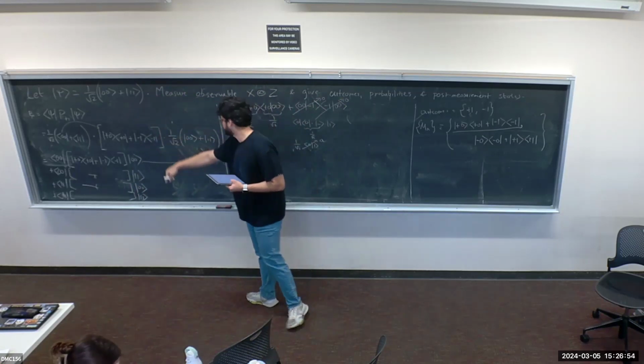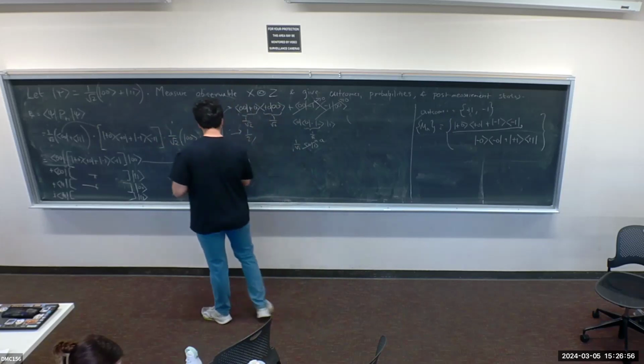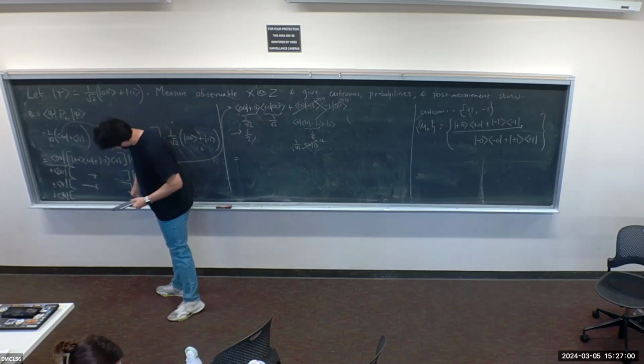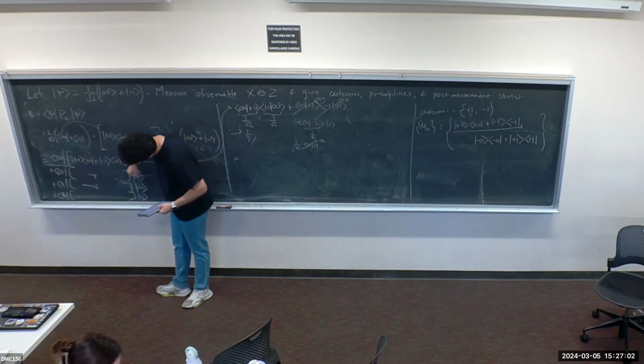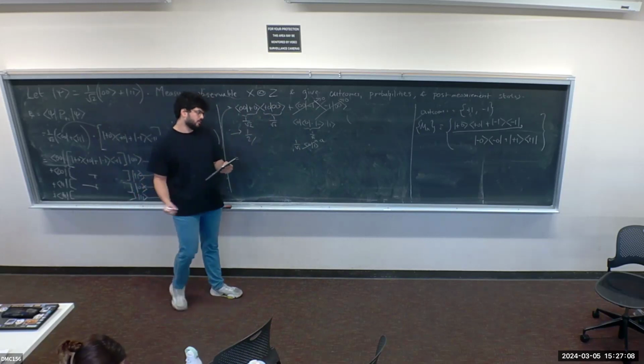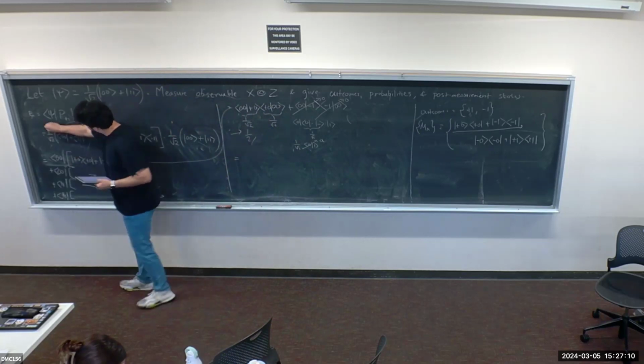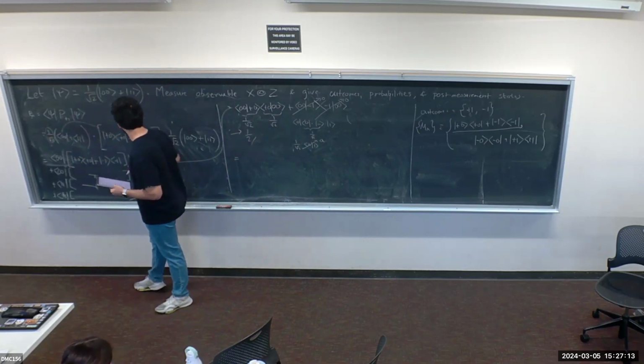And then if you do the algebra, you will get similarly. This term will completely go to 0. This term will also completely go to 0. From this term, you should get another 1 over root 2 and 1 over root 2. And don't forget the half from this and this that we have outside.